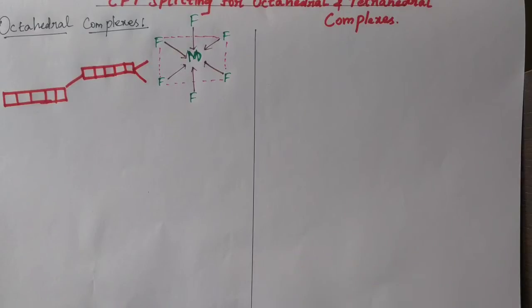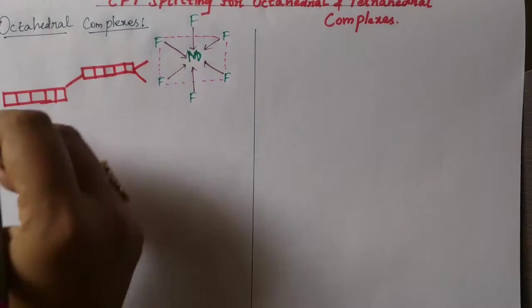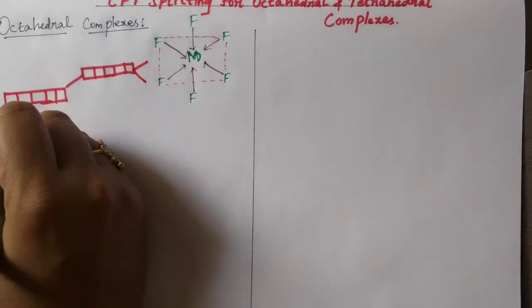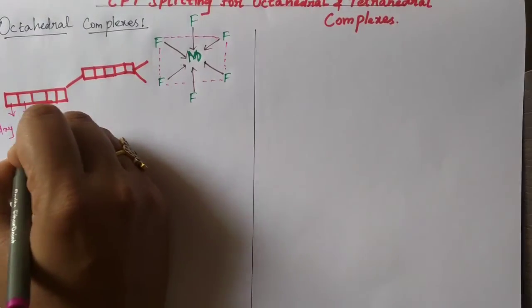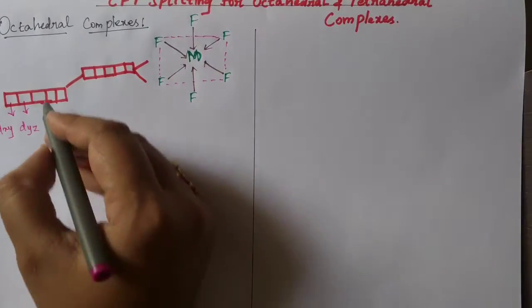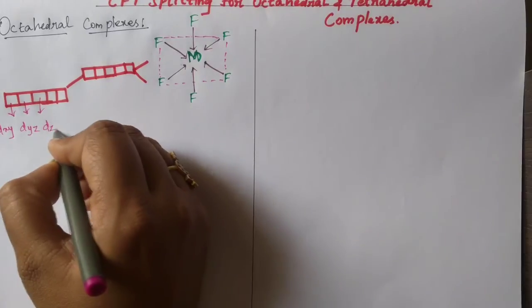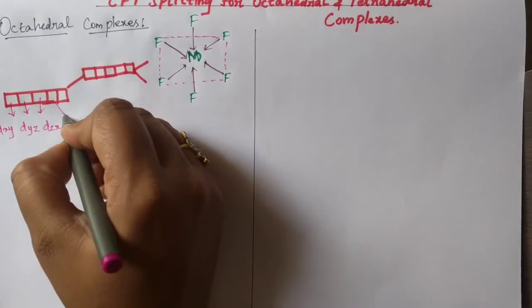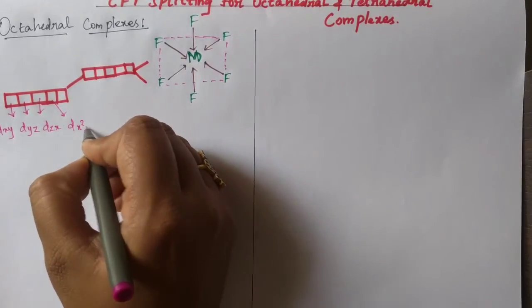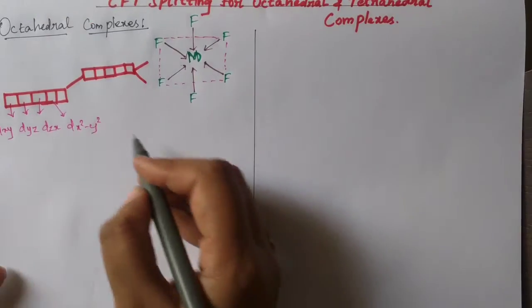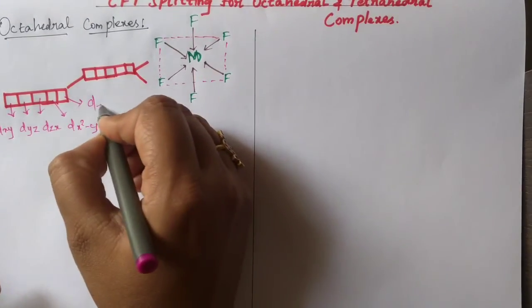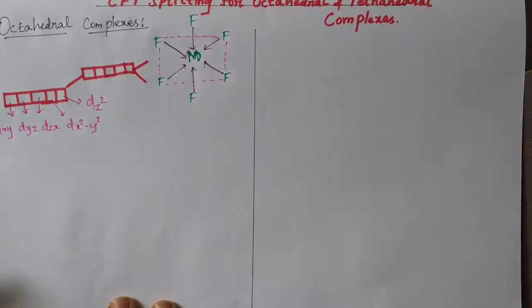Here the 5 d orbitals are dxy, dyz, dzx, dx square minus y square and dz square.